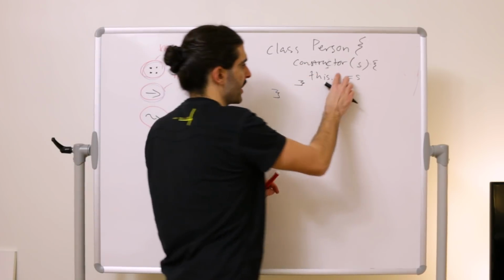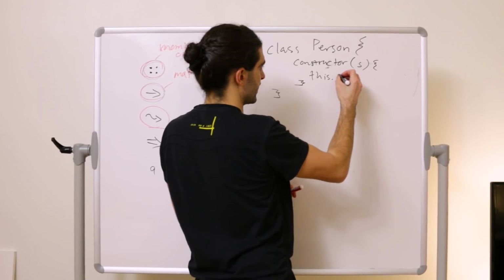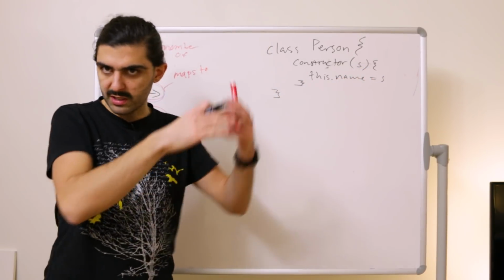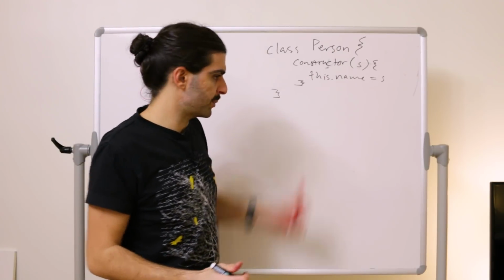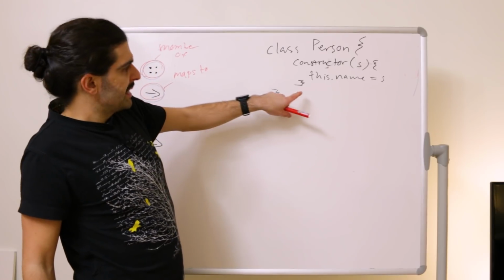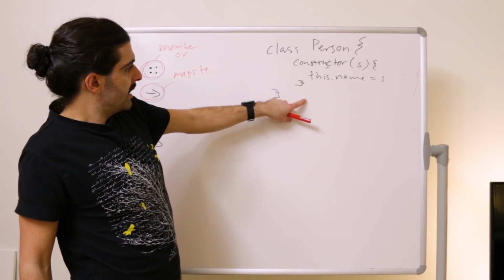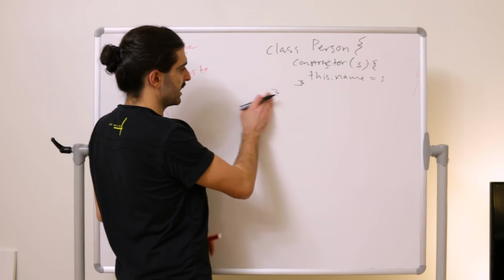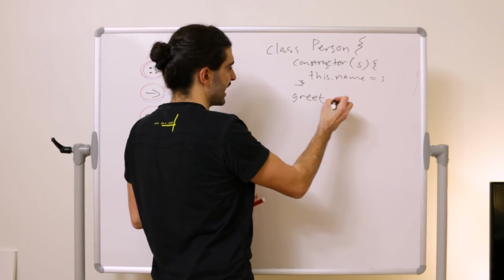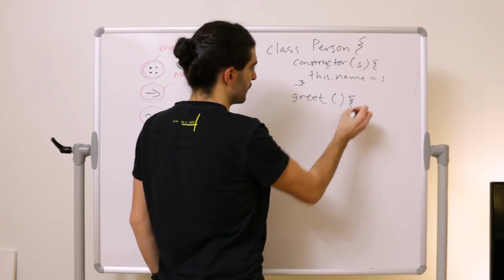Maybe I should call it name instead of s. So this.name is equal to the s that we were passed. We have instances of the class person that have names, like every person has a name. And then we might have something like an instance method, let's call it greet, that takes, let's say, 0 arguments.